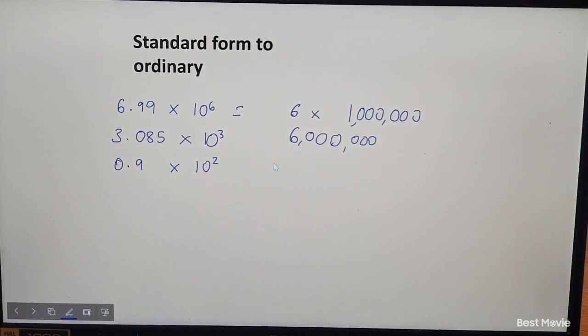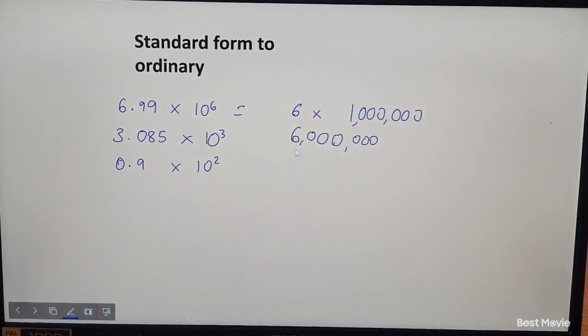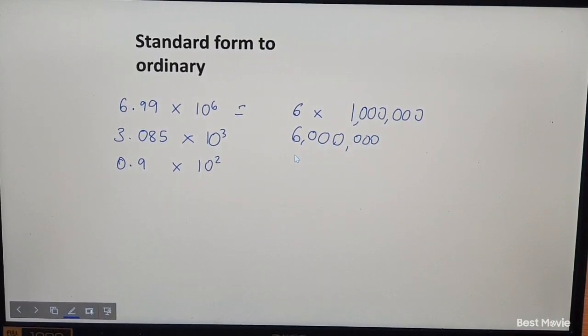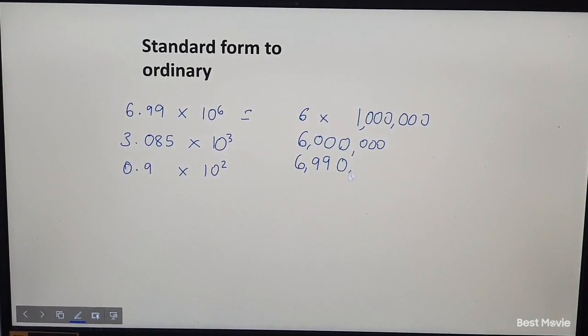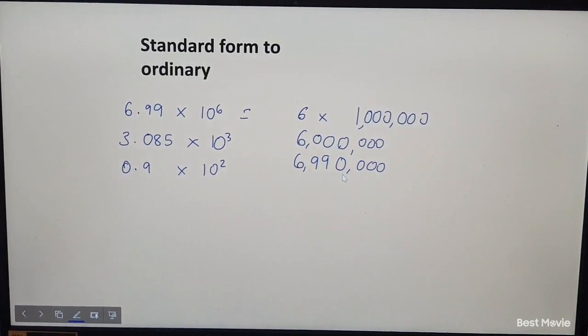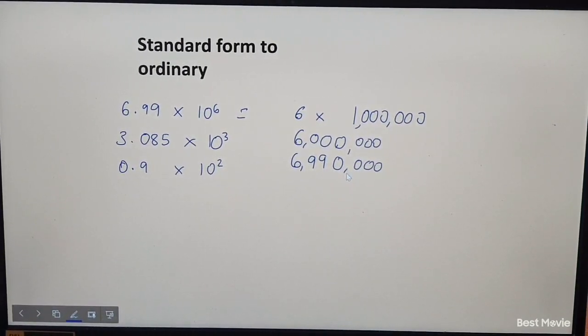Okay, so 6.99, again, my place value doesn't change. It's still going to be 6 million. I'm going to put the 99 next to the 6 and then carry on with my 0. So I should still have 7 digits when I'm done. So it's 6,990,000.